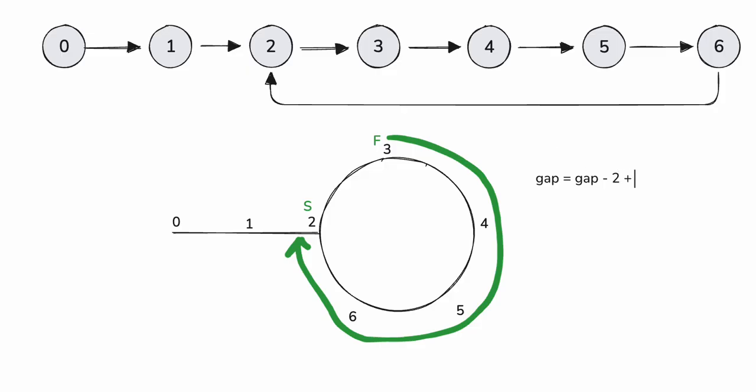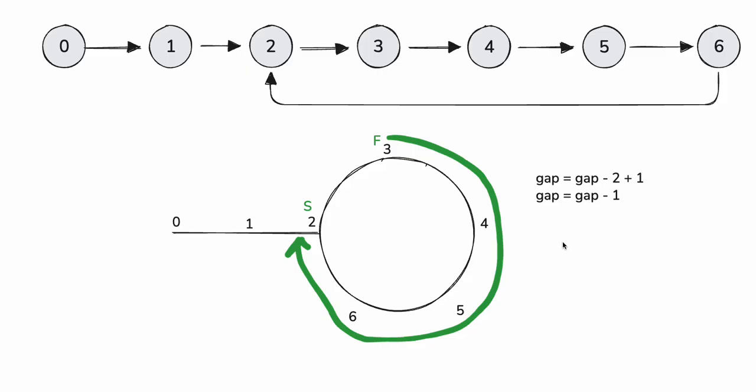So increases it by 1. So if we collapse this, we get that each iteration, the gap decreases by 1. Okay, so that means that at some point, because the gap is only changing by 1, they will eventually converge.